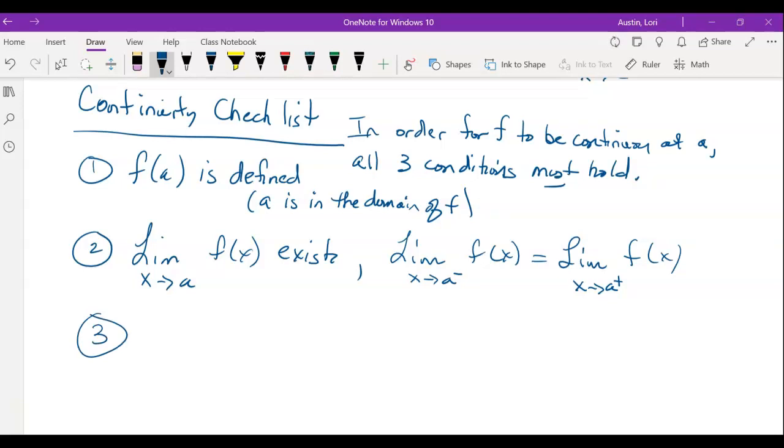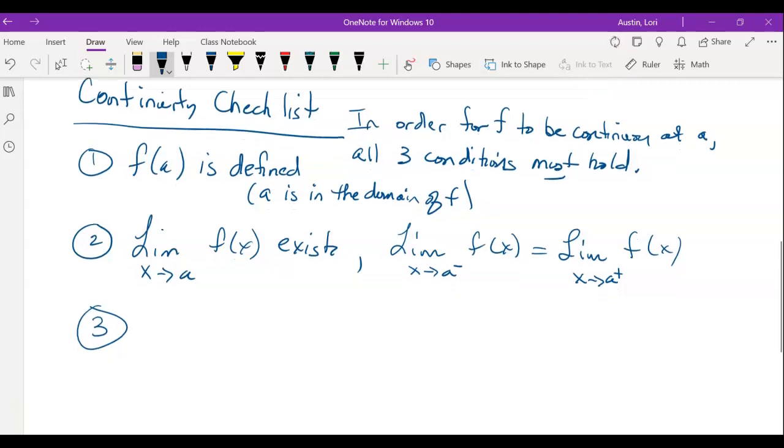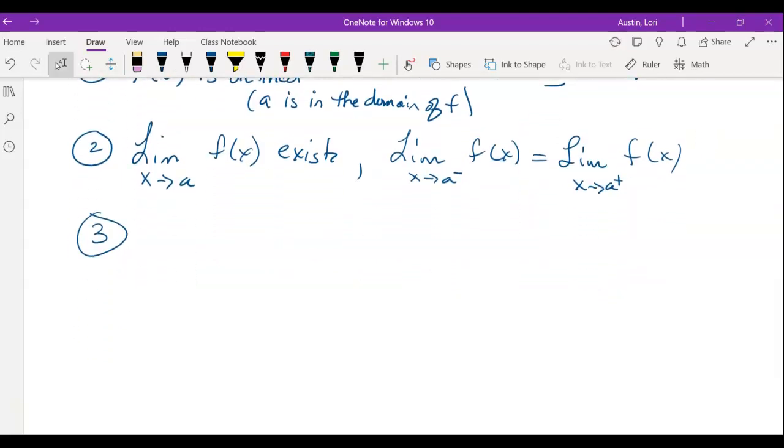Or, before you answer that, let me show you a function that actually passes both 1 and 2, a different function than what I've given you already. I'm going to give you this function.